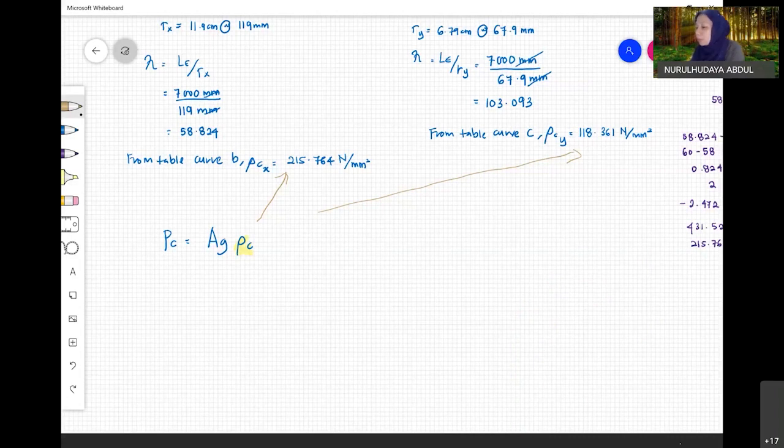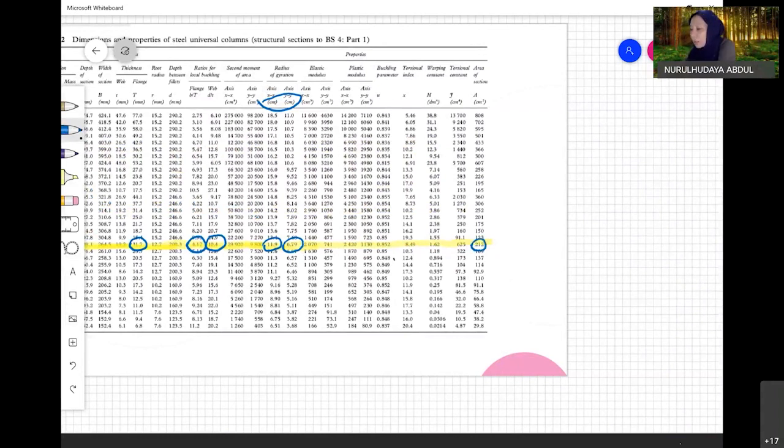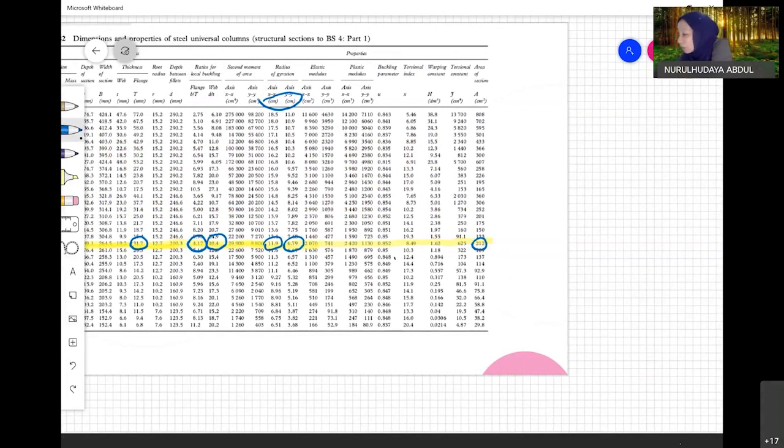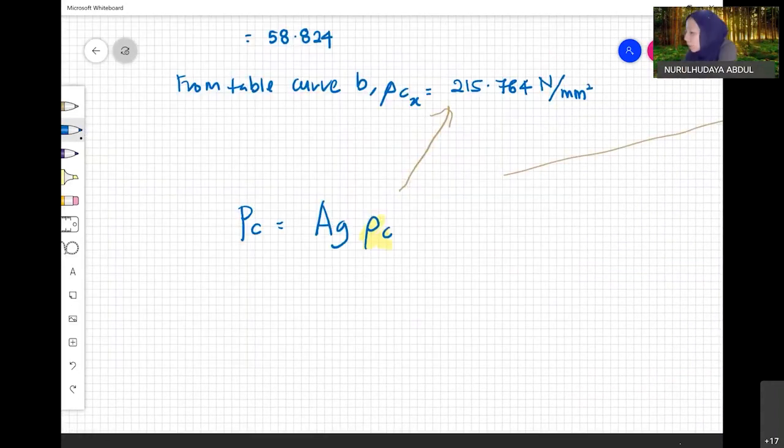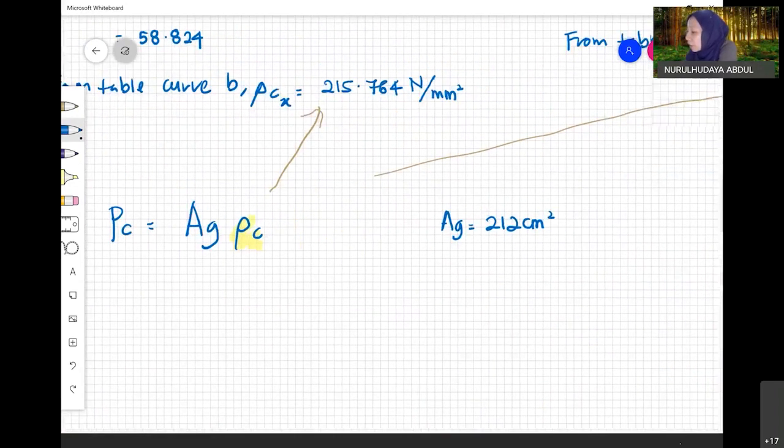So using this formula to calculate the compressive resistance, we need to find AG. What is AG? This is the section that we are talking about, 212 centimeters square. When we calculate, we need to convert it into millimeter square. So 212 centimeter square to millimeter square, multiply by 10 twice because it is squared.